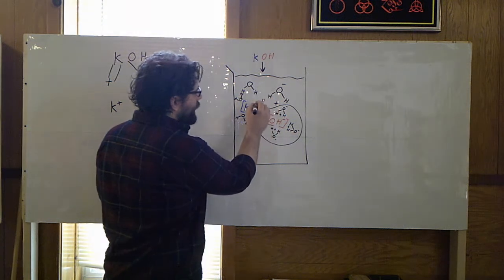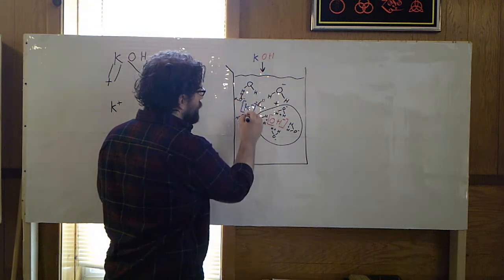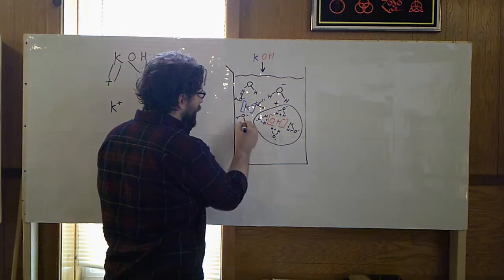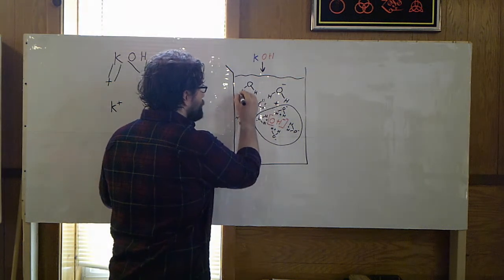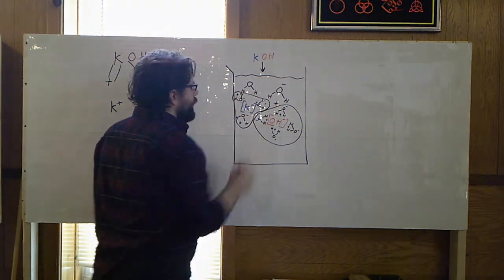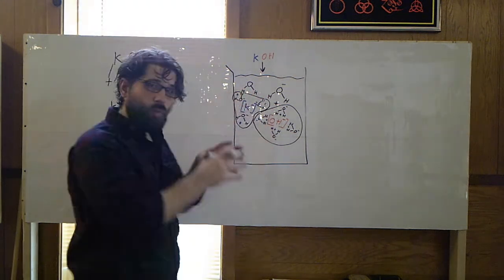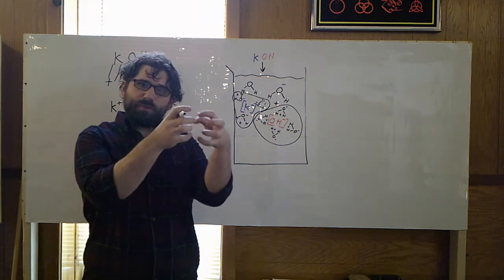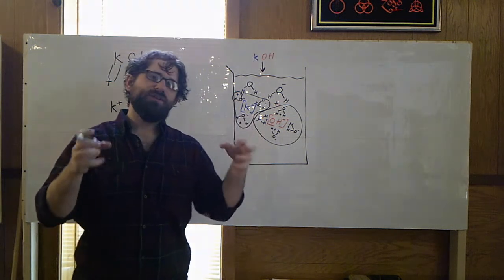The oxygens have that negative charge, and the hydrogens have that positive charge. And so the same thing will happen. These water molecules will actually split up each individual ion.